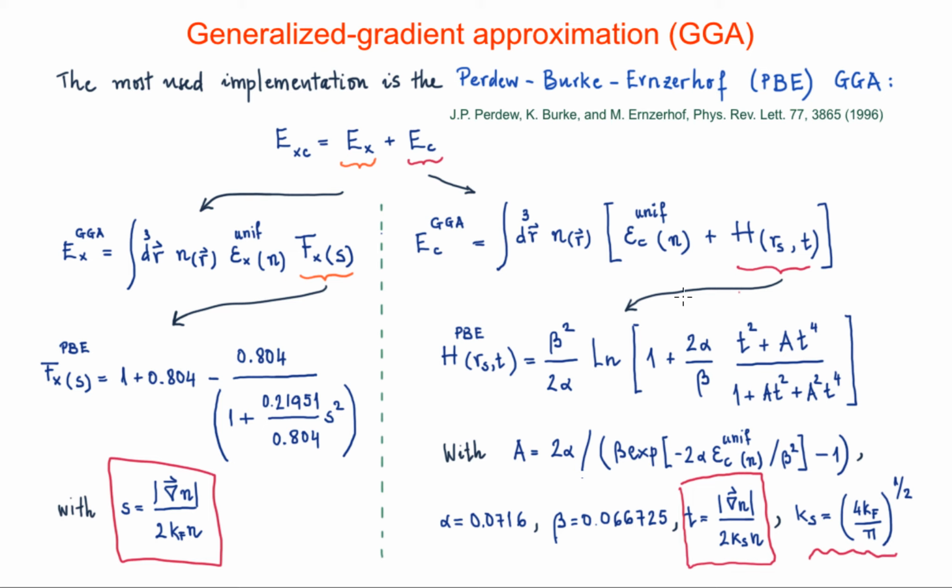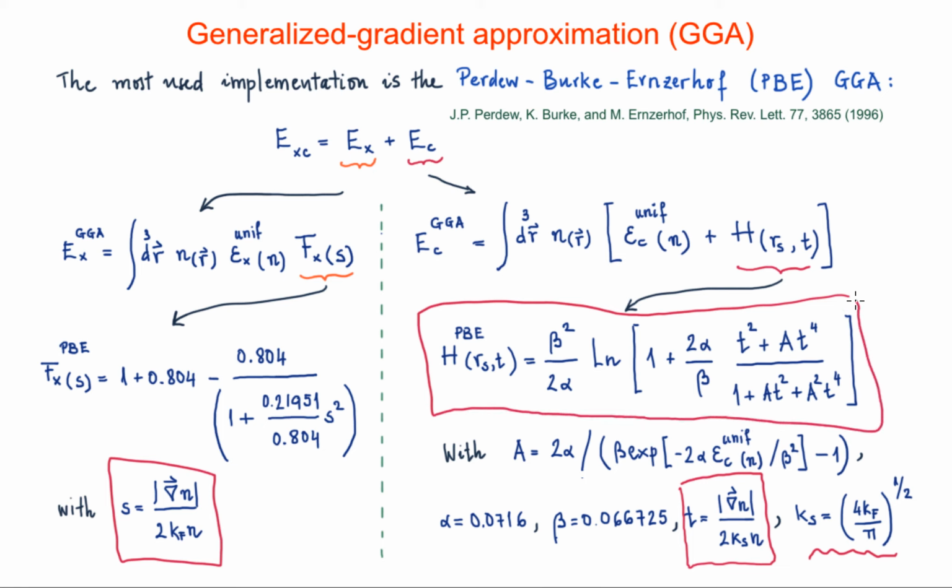And that's the function you have for the PBE implementation of the H function, which depends on some constants, alpha, beta, and also A, whose values are given here.